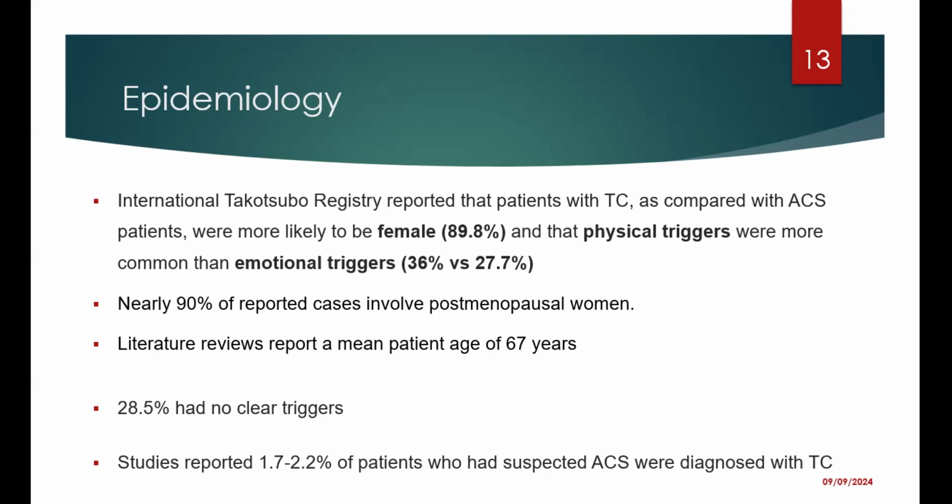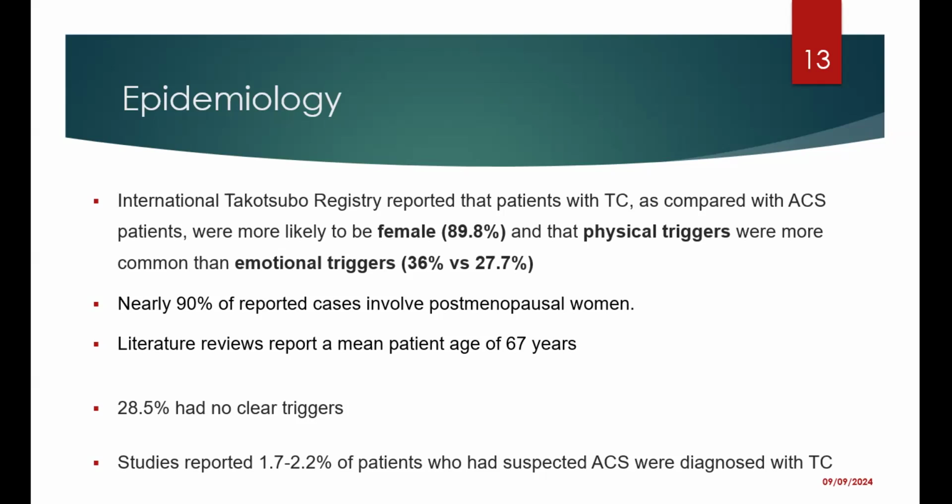Physical triggers were more common than emotional triggers when compared with ACS, about 36% versus 27% in ACS. Nearly 90% of the reported cases are women, usually in their postmenopausal age, with a mean age for presentation of around 67 years.